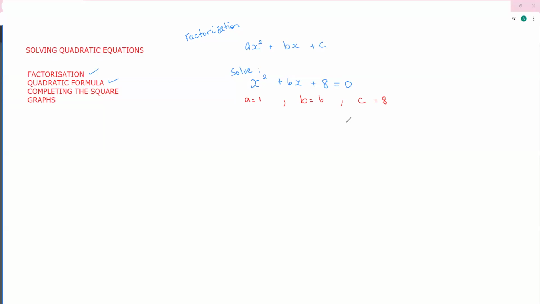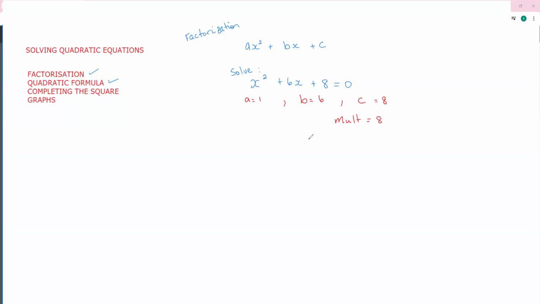In solving a quadratic by factorization, we multiply the value of C by the value of A. So in this case, 8 times 1 would be 8.